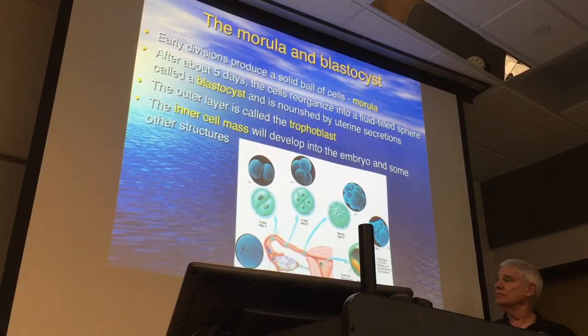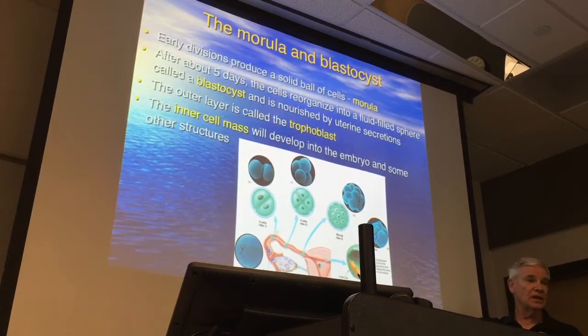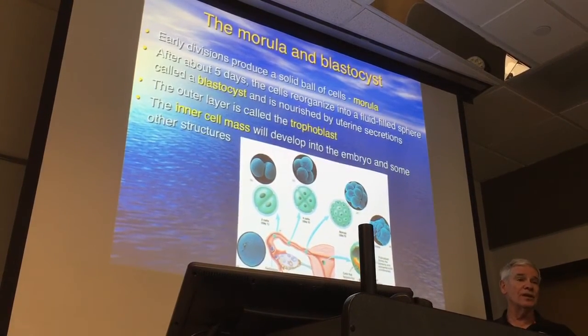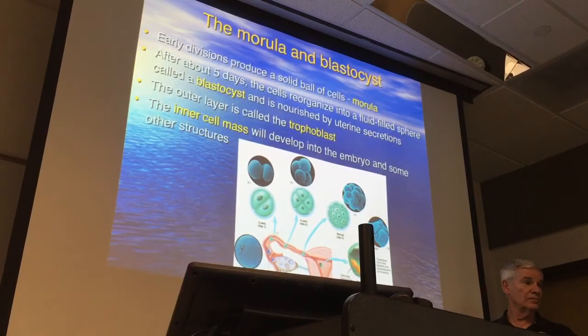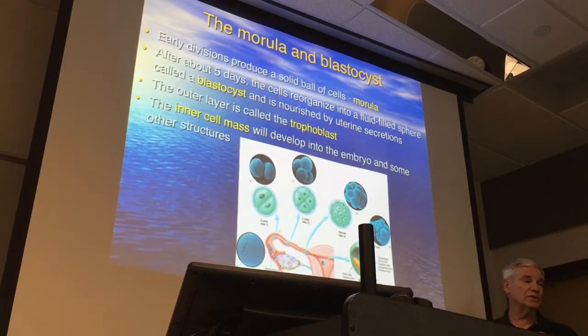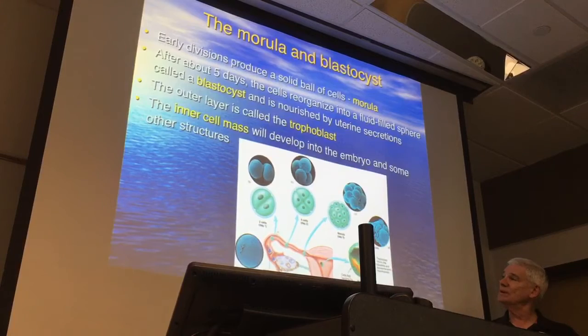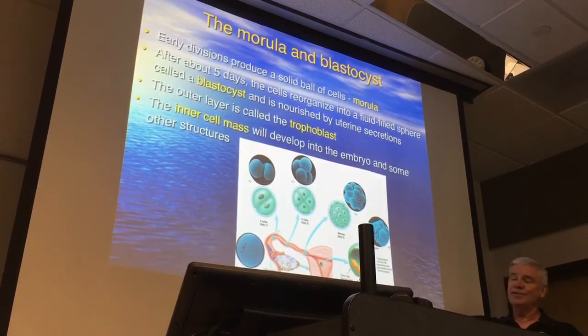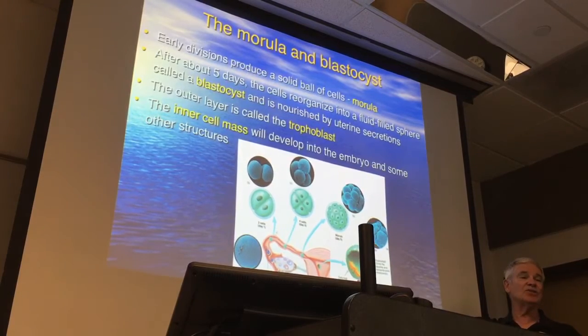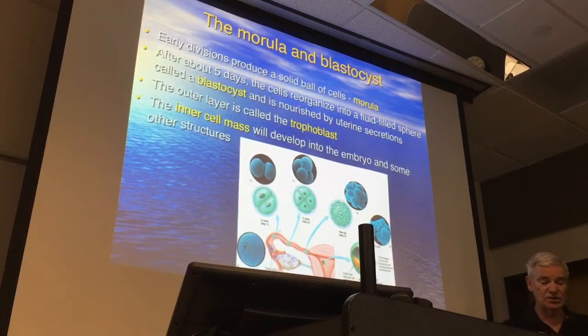And the cells of the inner cell mass form most of the embryo. And we'll talk about some of those extra embryonic membranes. So we're going to begin with this blastocyst, and it's going to be involved in implantation. And we'll talk about implantation next.